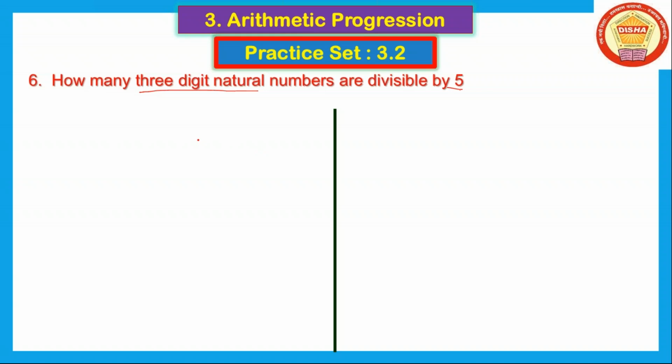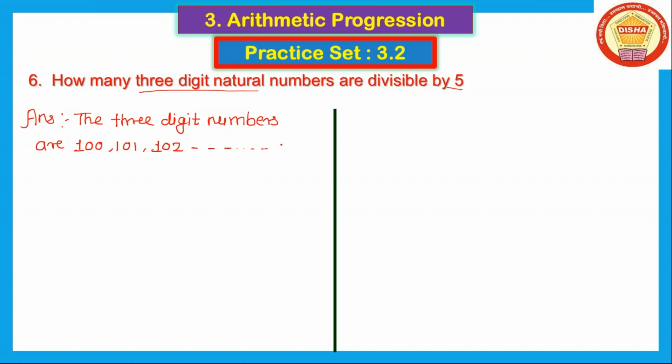Means first we consider 3-digit numbers. Okay, here we write the 3-digit numbers are, that is, 3-digit numbers are 100, 101, 102, and so on, and which is the last 3-digit number?